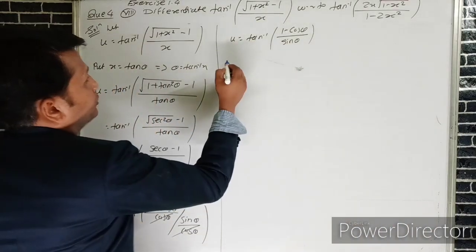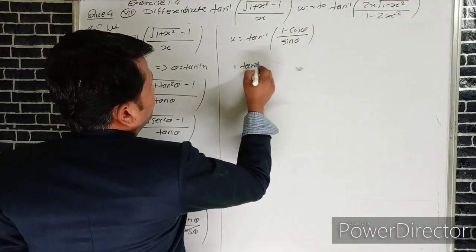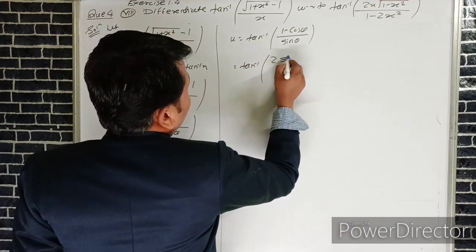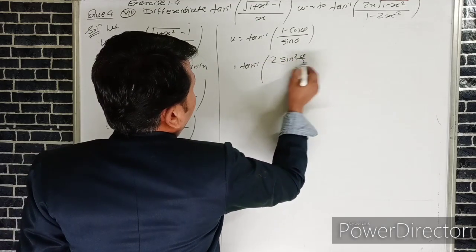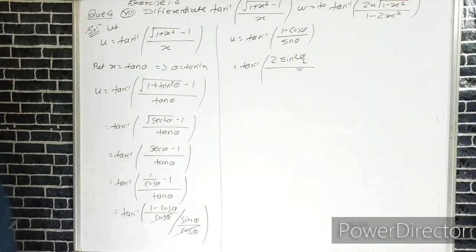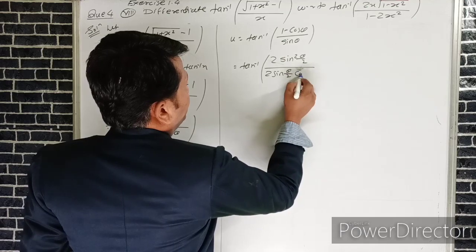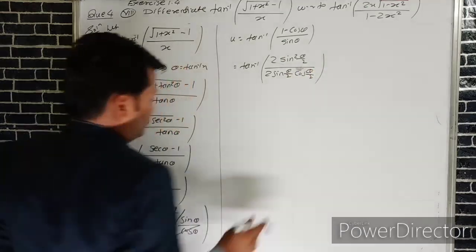1 minus cos theta is 2 sin square theta by 2, upon sin theta, which means 2 sin of theta by 2 into cos of theta by 2.